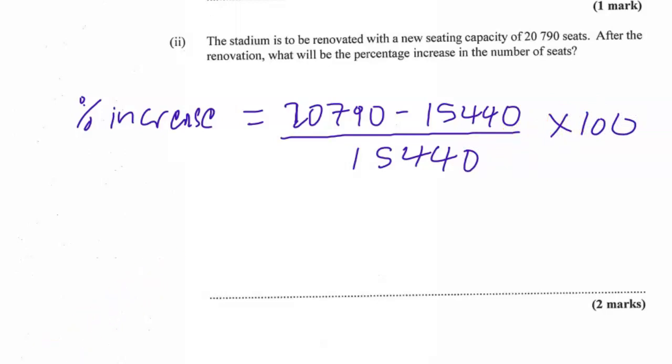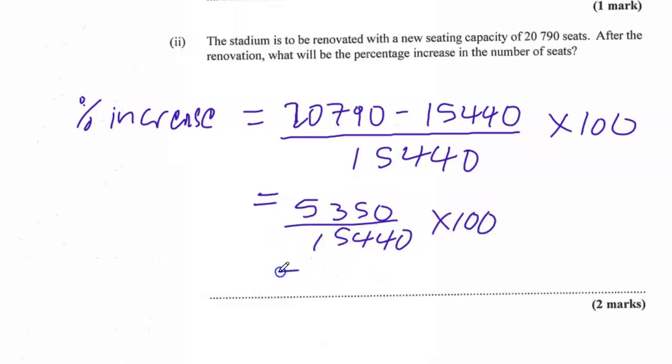So calculating 20,790 minus 15,440 would be 5,350 upon 15,440 times 100. That will be, so it's upon the original capacity, 15,440 times 100, which is a percentage.